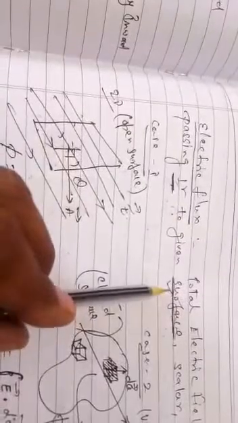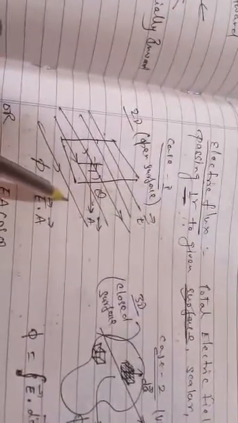Now when we calculate the electric flux, as I already mentioned, the surface and the electric field are both very important. So first we will talk about the open surface.